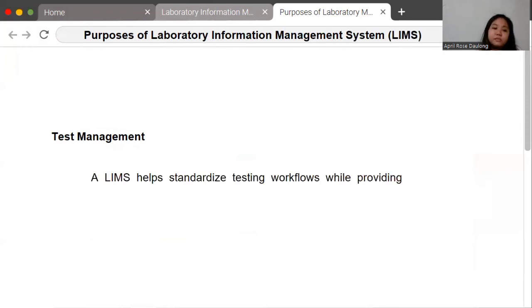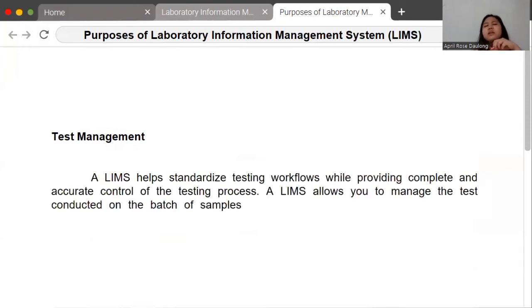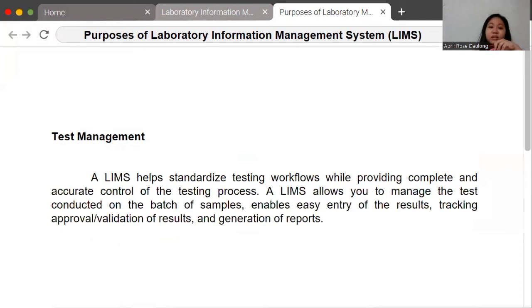Next is the test management. LIMS helps standardize testing workflows while providing complete and accurate control of the testing process. The LIMS allows you to manage the tests conducted on a batch of samples, enables easy entry of results, tracking approval or validation of results, and the generation of reports.